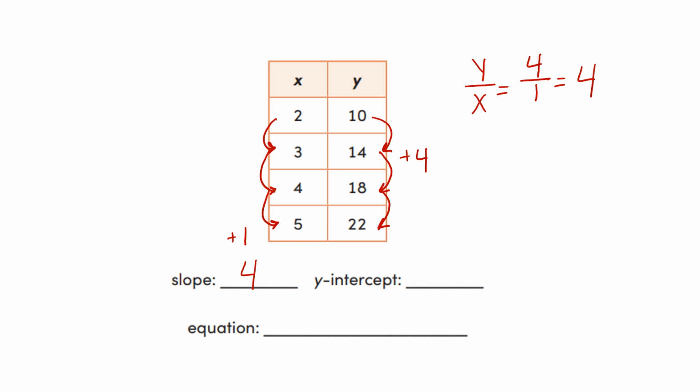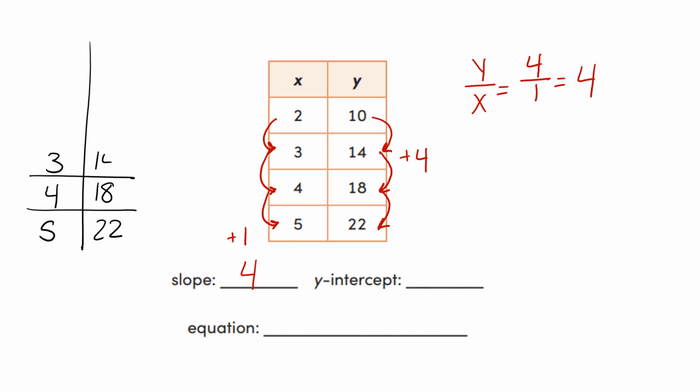In our table, 5 was paired up with 22, 4 with 18, 3 went with 14, 2 went with 10, and then we can work it backwards to get to 0, because again, our y-intercept is always paired up with 0. So we have to extend our table to get to that 0 value.